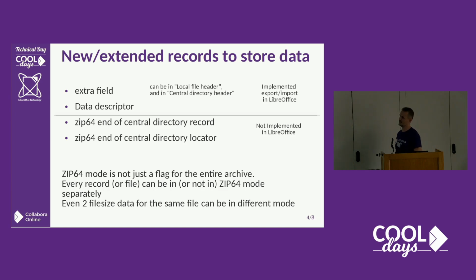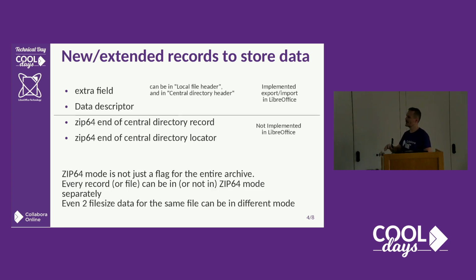What is important is that this Zip64 mode is not just a flag that would be true for the entire archive. It can be turned on in any file in the zip archive.